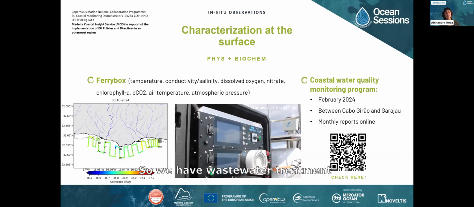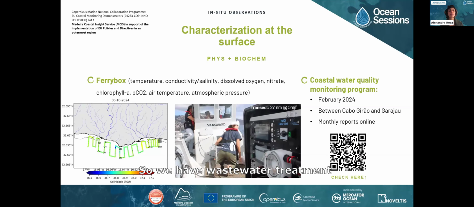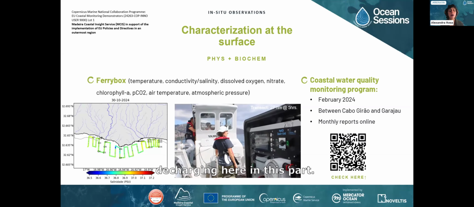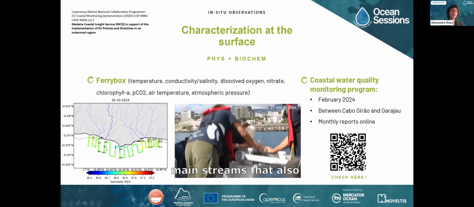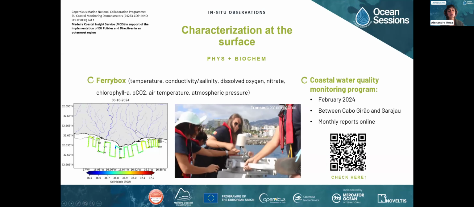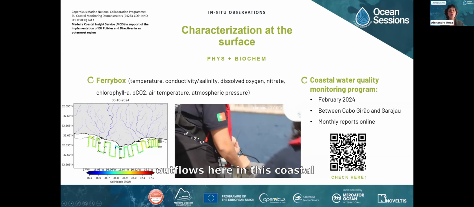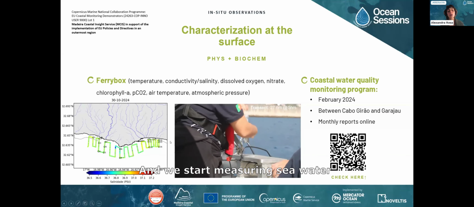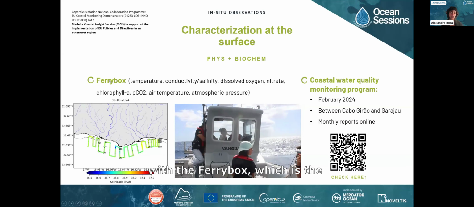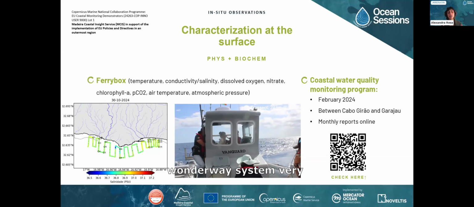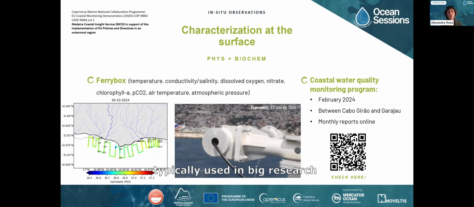So we have wastewater treatment plants discharging in this part. You can see also some of the main streams that also outflow in this coastal area. And we started measuring key water quality parameters with the FerryBox, which is a flow-through system, very typically used in big research vessels.